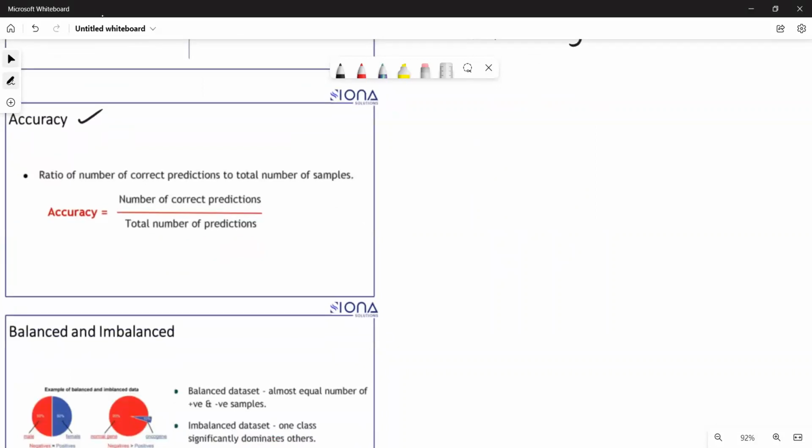So let's say we have the actual versus the predicted. So it's something like we have 1 1 0 0 1 1, something like this, whereas the predicted would be something like this.